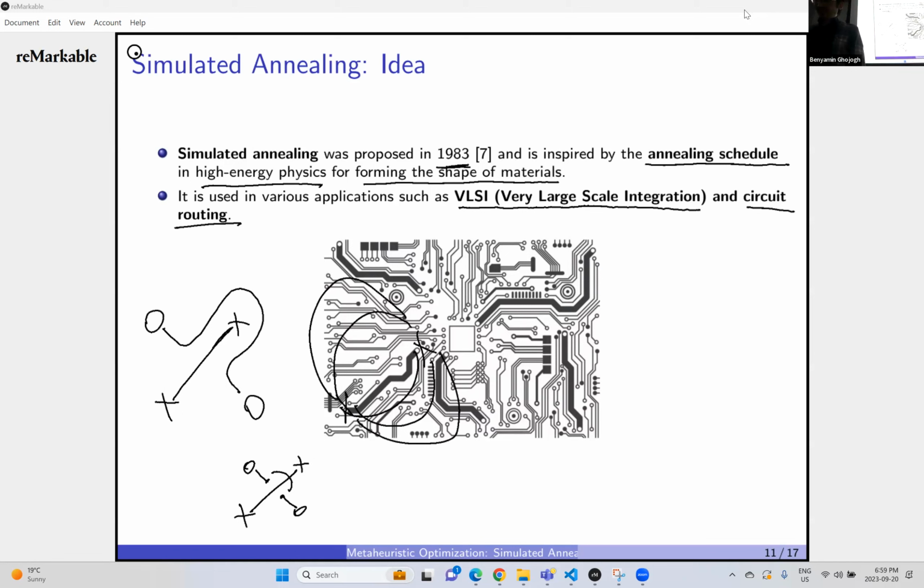And VLSI, very large scale integration, is used for IC production and also circuit routing. By the way, if it is too tiny an IC, they use HSIC for that. If it is not too tiny, you can design it yourself. For example, it's a big board, but you can design it yourself.